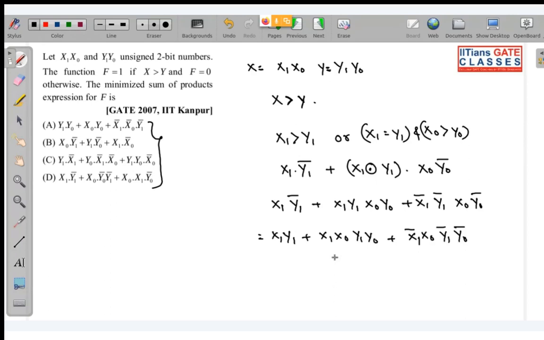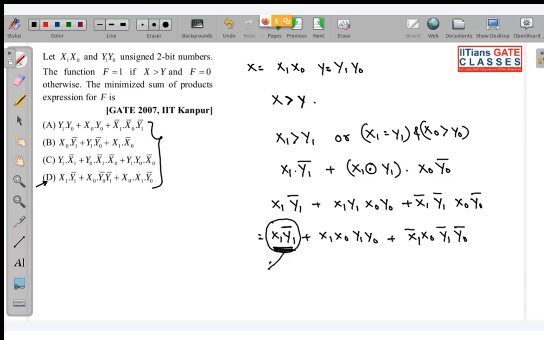You can see why. See, this min term is already minimized. Okay, this is minimized, and you can see it is available only in one of the options, that is option D. So a smart student will never do minimization of this by drawing a K-map.